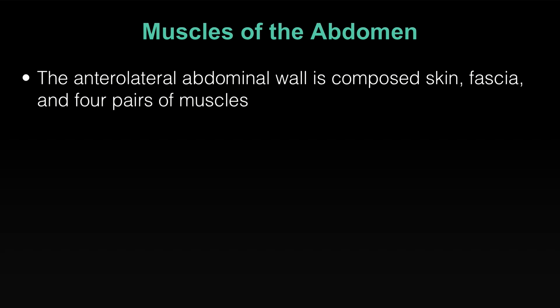And we'll see a nice cross-section that shows the layers of skin, the layers of fascia, and how the muscles all overlap and interleave. But I don't want to spend a ton of time talking about all of the muscles. We're going to focus on two in the abdominal series of muscles.